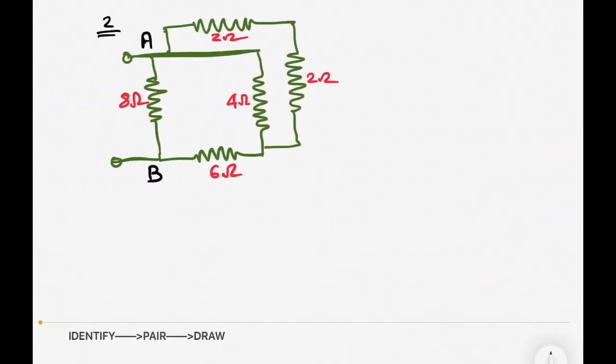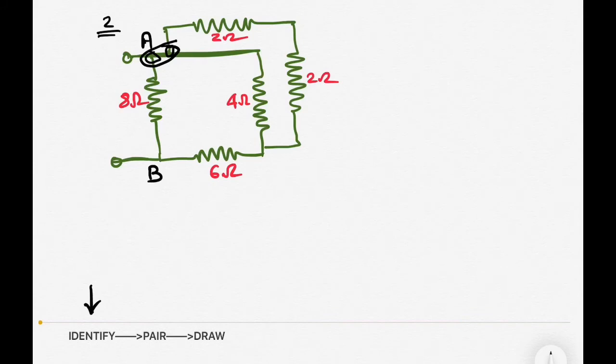So here is circuit number 2, or drawing number 2, of the same circuit. Let's apply the same process. So first identify the junctions. This is junction A. Understand that these 2 points are the same because there is no electrical element between them.